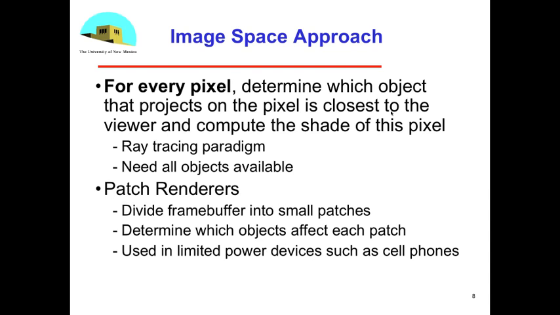I should have probably mentioned this when I talked about the pipeline approach. In the pipeline approach, the complexity goes up linearly as you add more objects, because you're treating each object independently. It goes up at worst linearly with the number of objects, and linearly with the number of pixels you have to work with.